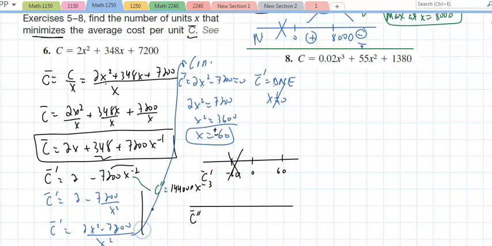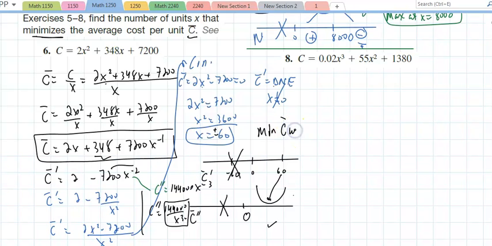So isn't the second derivative 144,000 over x cubed? The only possible point of inflection is at 0. I don't worry about negative. Do you see that this is always positive if you pick any value in there? And isn't 60 right there? Automatically that makes it a minimum cost, or here, minimum average cost when the units are 60, when you produce 60 units.